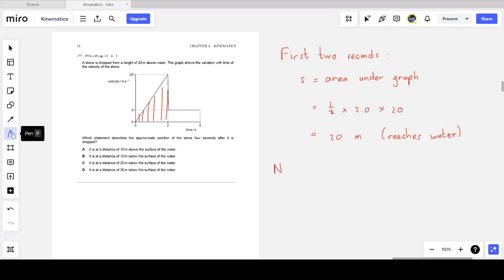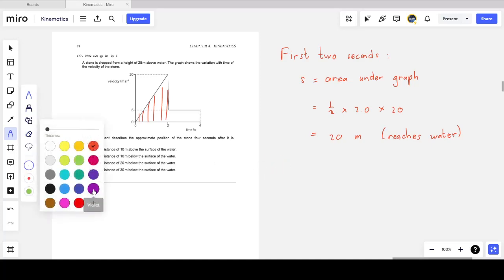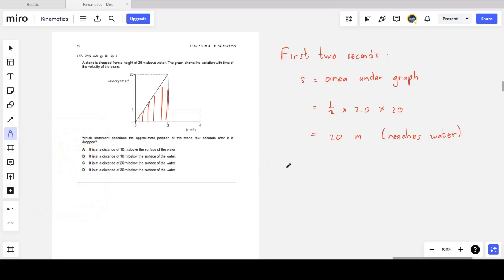And then what I'm going to do is, let me just change colors for this. I'm going to consider the next 2 seconds. So now I know it reaches the water surface. What happens in those next 2 seconds? The displacement in the next 2 seconds is the area from 2 to 4 seconds, that area of the rectangle. And that's a constant 5 meters per second multiplied by 4 minus 2.